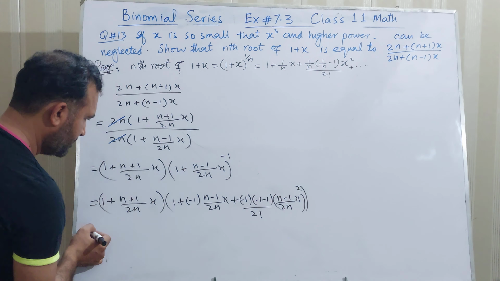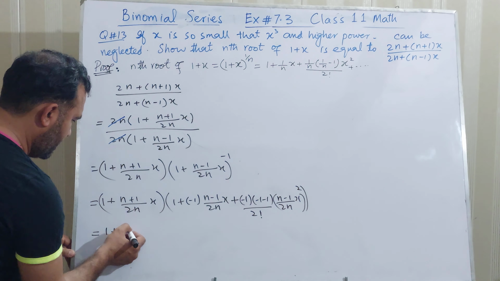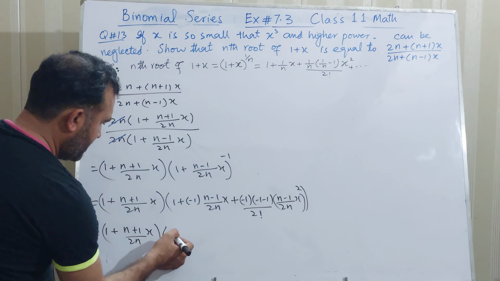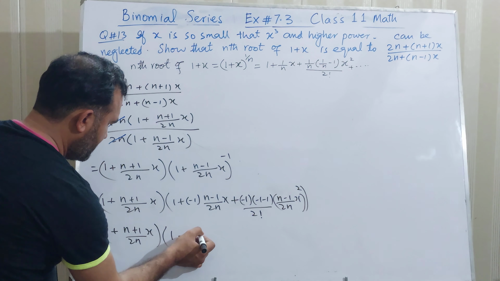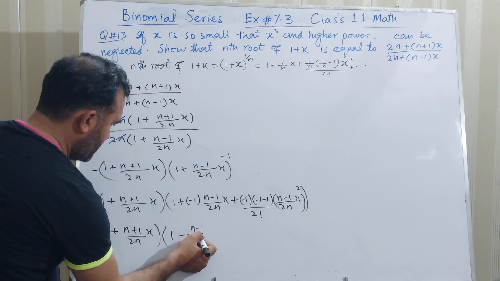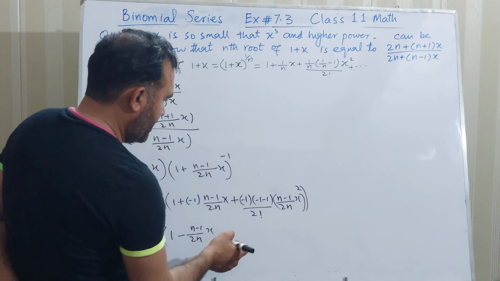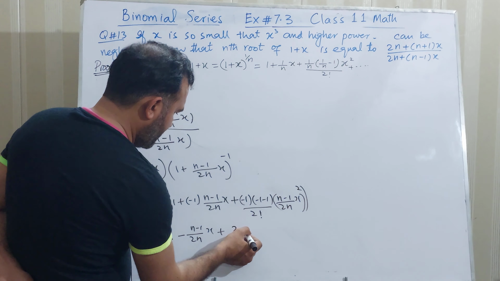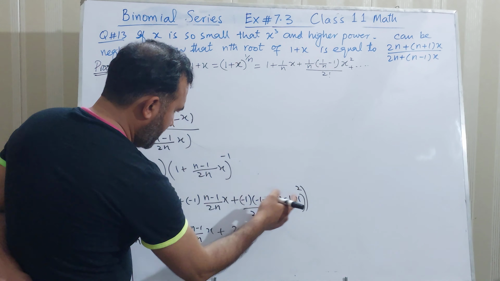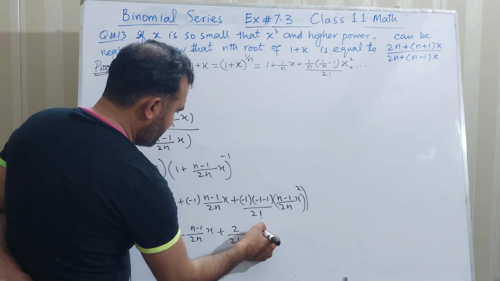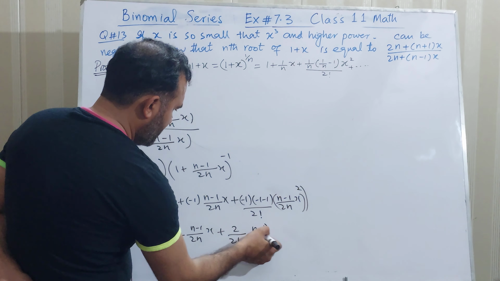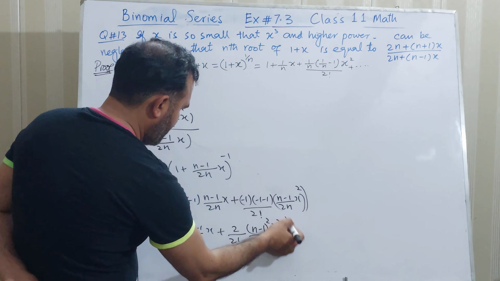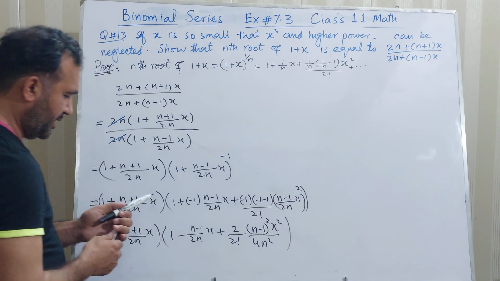So now 1 plus (n plus 1) divided by 2n x and 1 minus (n minus 1) divided by 2n x, and here we have two minuses, so it will be plus, and it will be plus 2 divided by 2 factorial, and apply the square on numerator and denominator, so it will be (n minus 1) squared x squared divided by 4n squared, right? Now we can cancel these two.